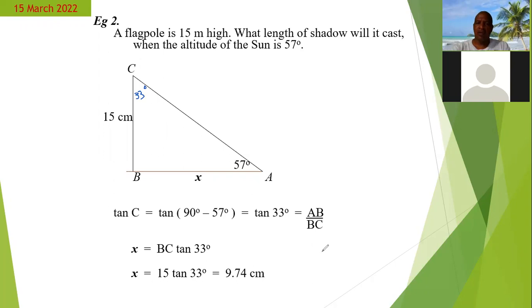And so if we make X the subject, because remember now, the side AB would be X. So in other words, this would have given you tan of 33.